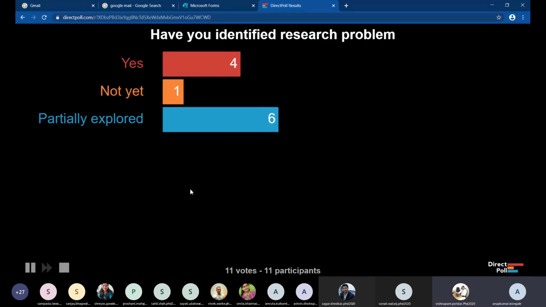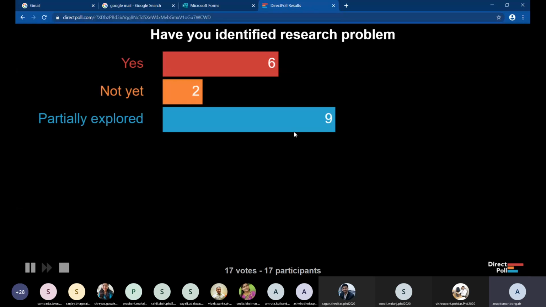Nobody will check who is answering, even I am not aware who is answering what. I just would like to see how many of you are partially exploring. So I'm getting 6 as definite yes, 2 as not yet, and 12 as partially explored. I'm still getting answers.